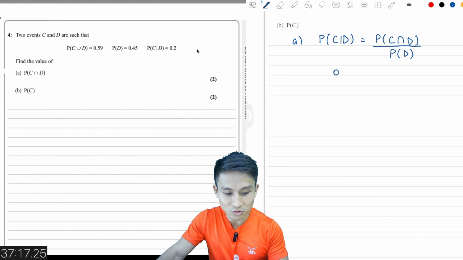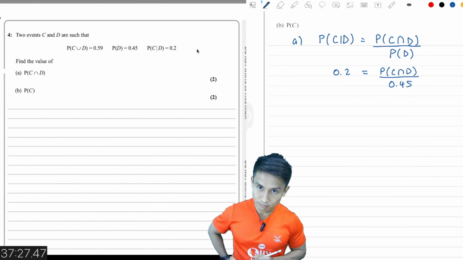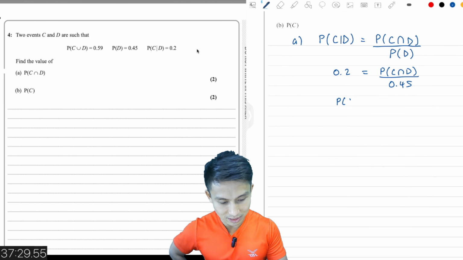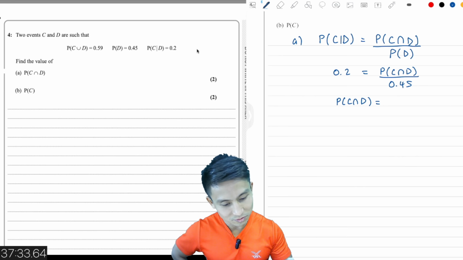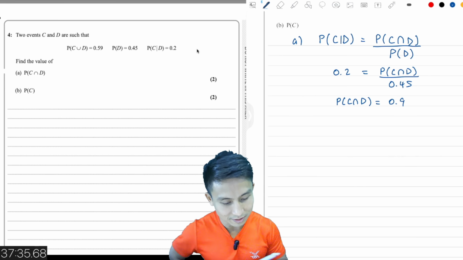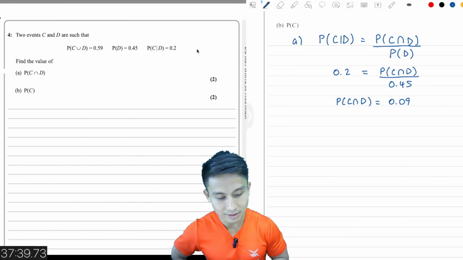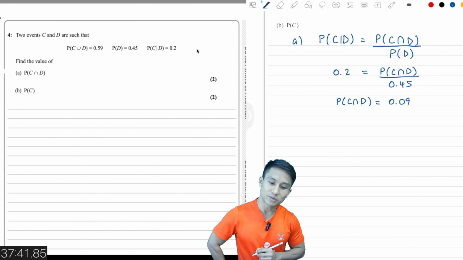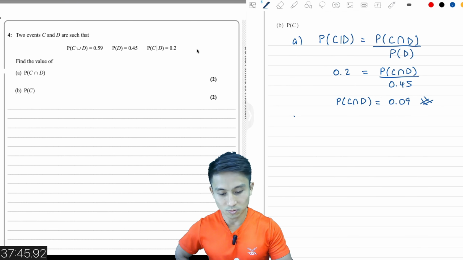So if we substitute everything, this is 0.2, and P(C intersect D) divided by P(D), which is given to be 0.45 as well. So that means P(C intersect D) is just multiplying those two. So you should get 0.9, right? No, that's not right, 0.09. Yeah, that should be it. Okay. That's the answer to part A.